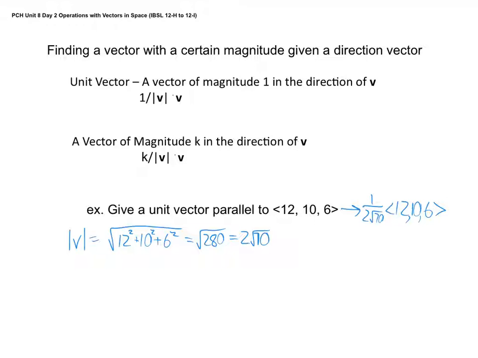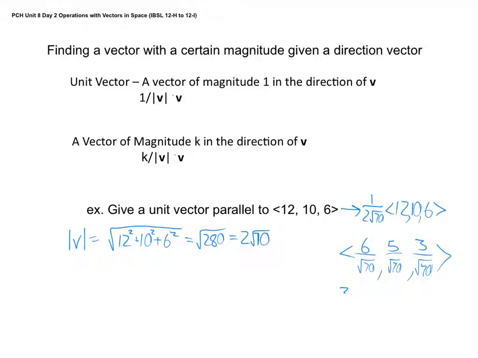And of course you would multiply that in. You'd get 12 over 2, which would be 6 over root 70, 5 over root 70, 3 over root 70. We should probably put this in simplest radical form.